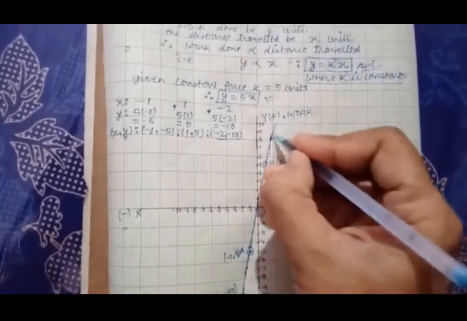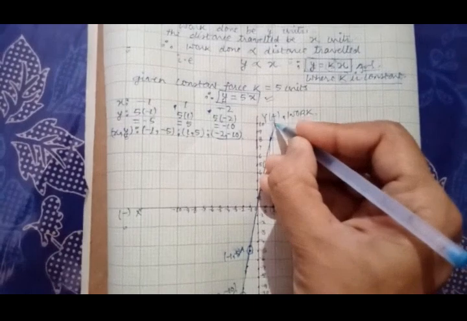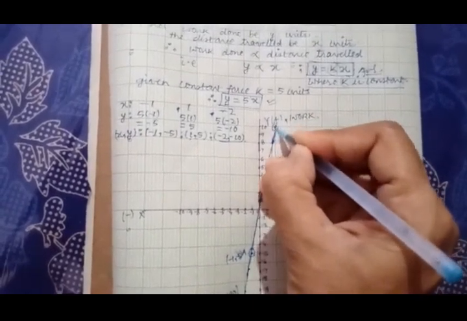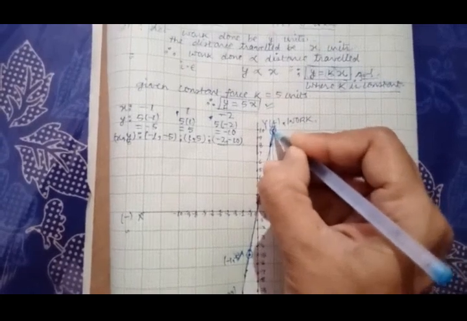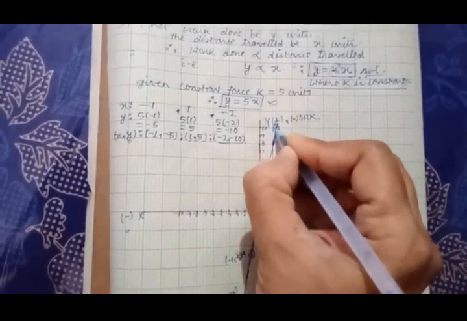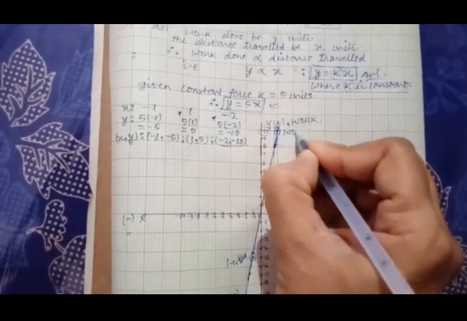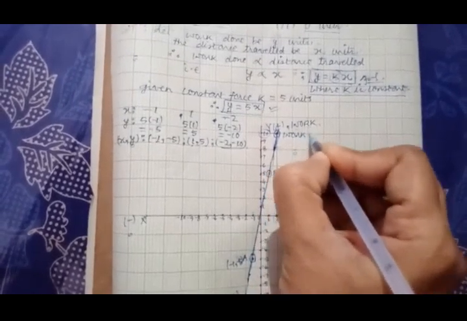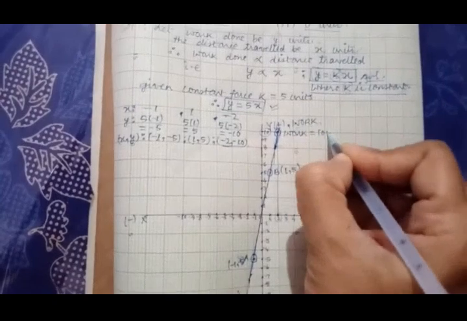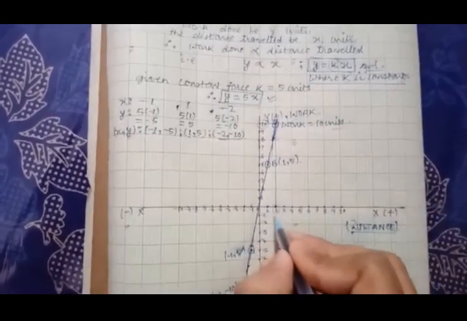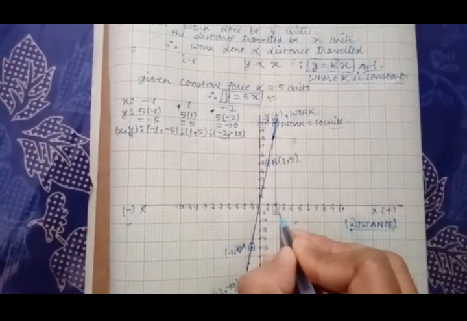It meets here, at that point. At that point the work done y we found is 10. So you may declare that work is 10 units when distance is taken 2 units.